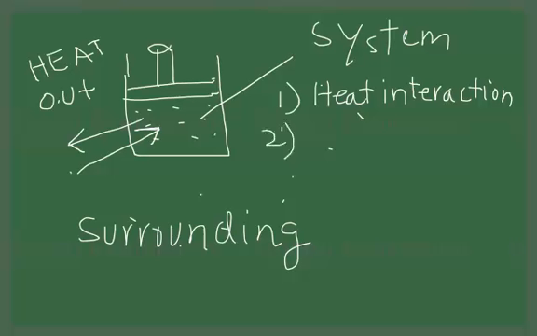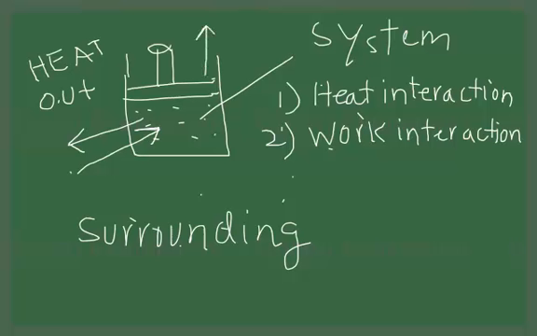Second interaction is work interaction. It means that system can perform work on the surrounding, and on the other side surrounding can also perform work on the system. System performs work on the surrounding when any boundary of the system moves out and the volume of the system increases.